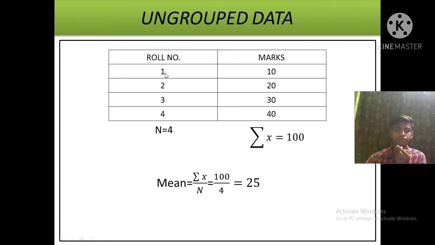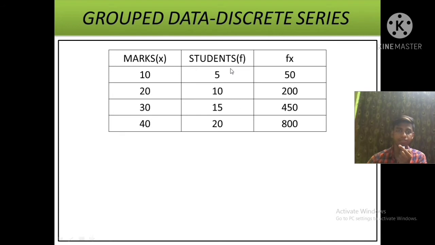It's not that roll number 1 and roll number 2 both got 10 marks or 20 marks. As they are single persons with particular marks, this type of math belongs to ungrouped data. Now let's move to the next math problem.